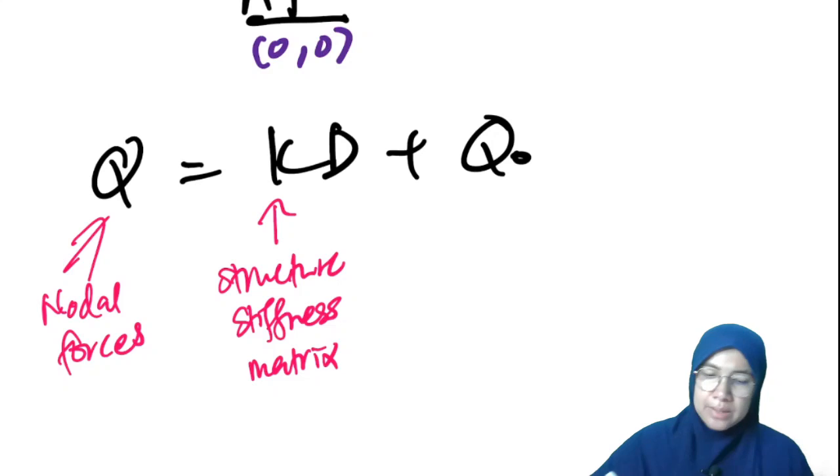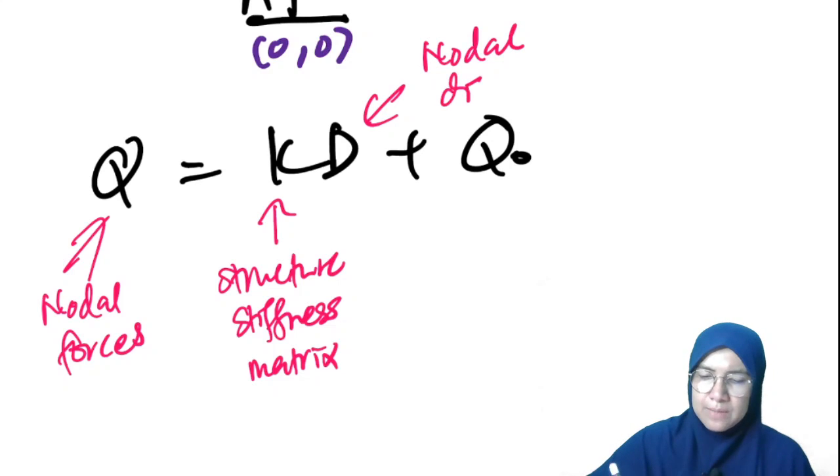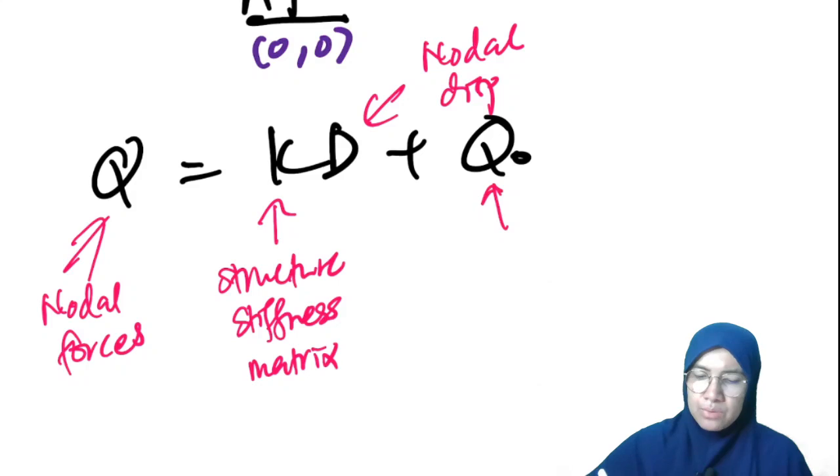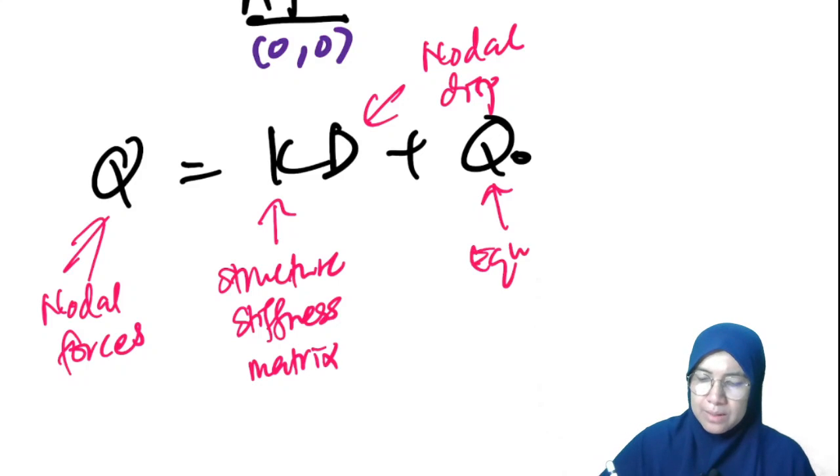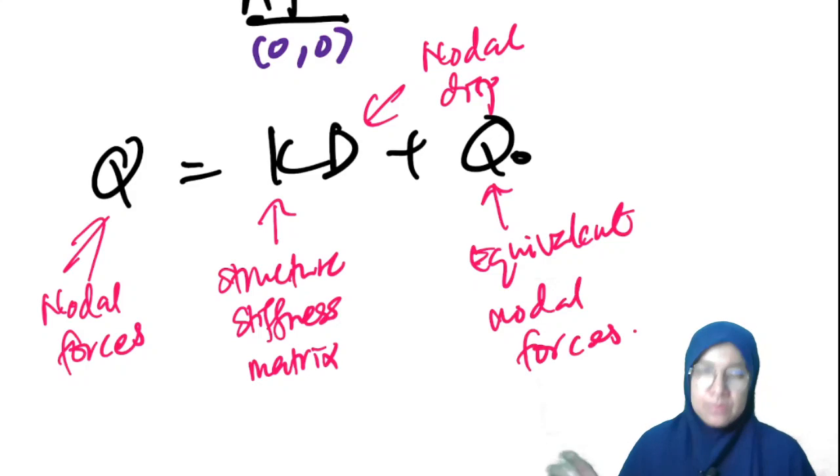Okay, D is nodal displacement and Q naught is equivalent nodal forces. Okay, equivalent nodal forces. So we must use this formula in beam as well as in frame.